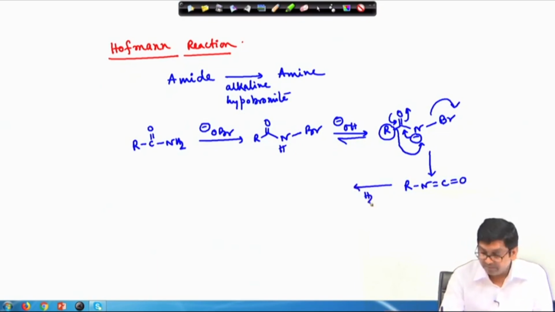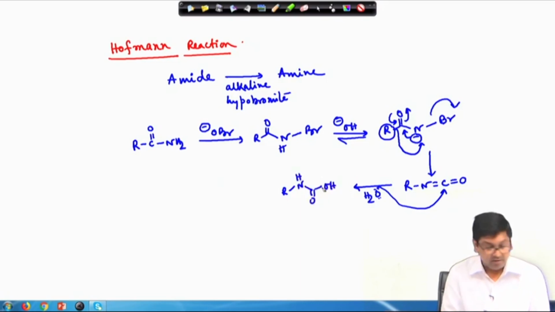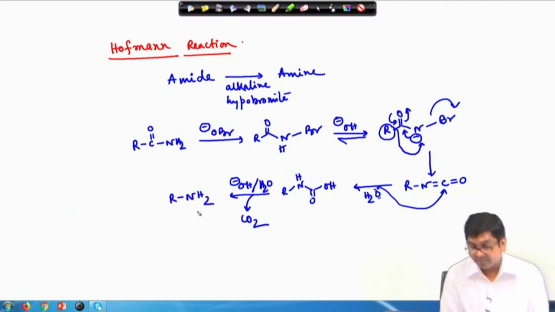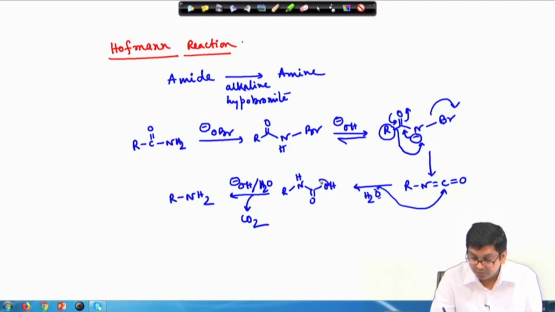Then water, as nucleophile, can attack this electrophilic center and give this intermediate, which again in basic condition will eliminate the carbon dioxide and give the corresponding amine.